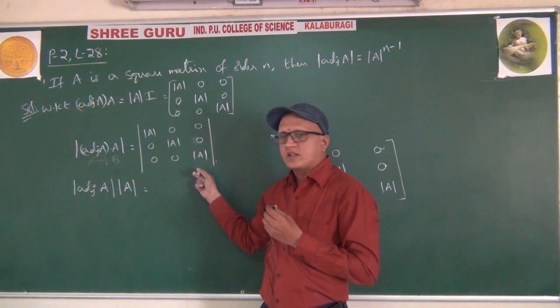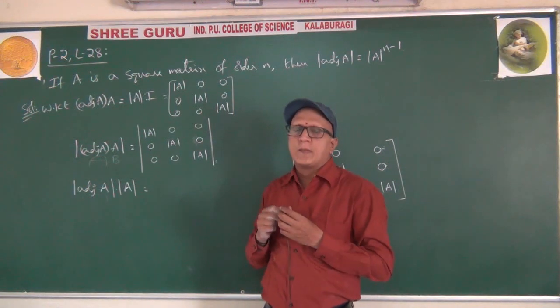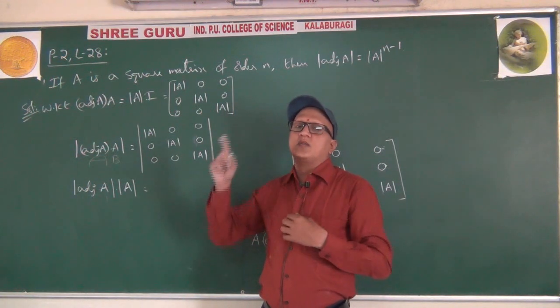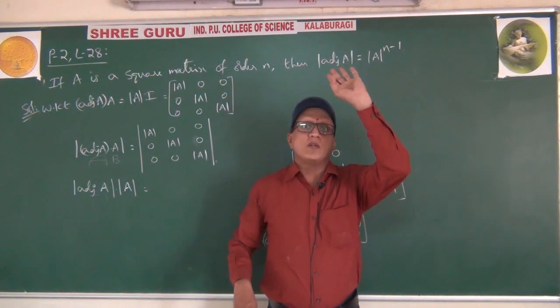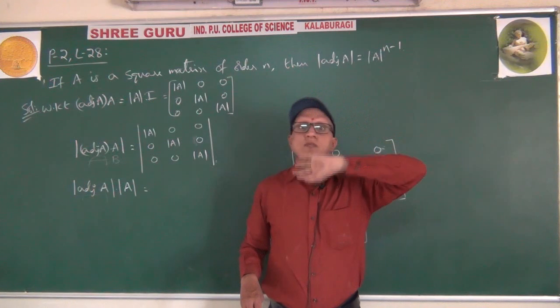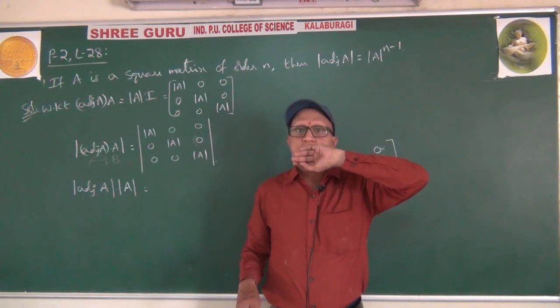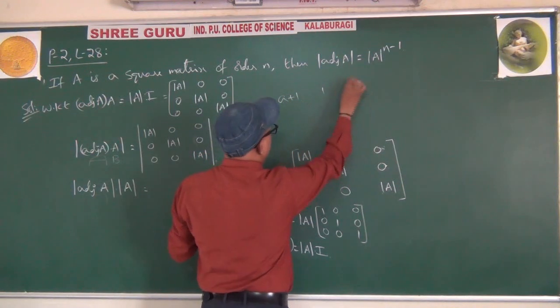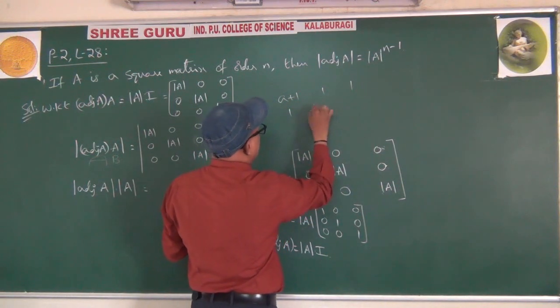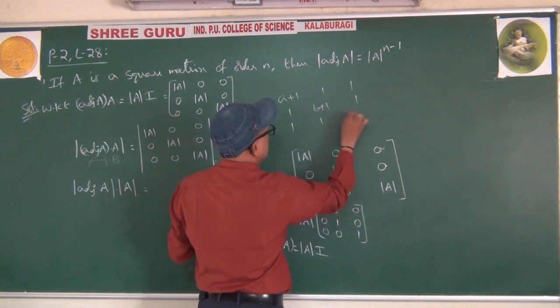Do you remember this type of simplification? We did it already: 3 common from first row, 4 common from second. Remember a plus 1, 1, 1; 1, b plus 1, 1; 1, 1, c plus 1.